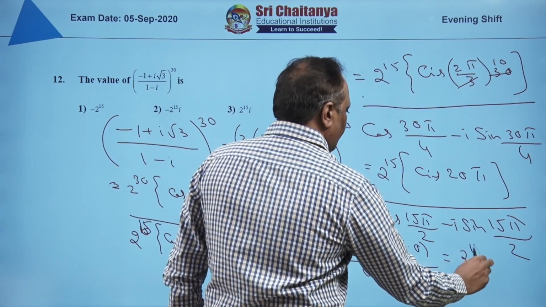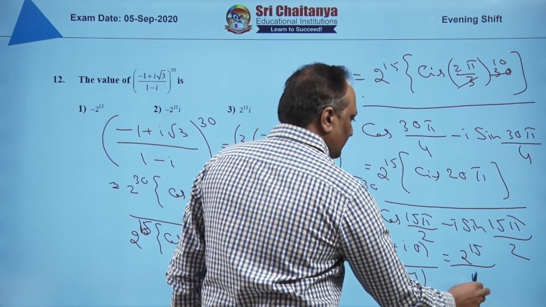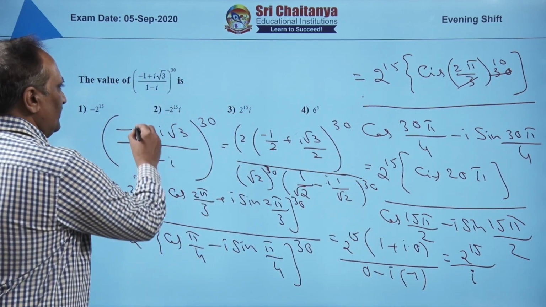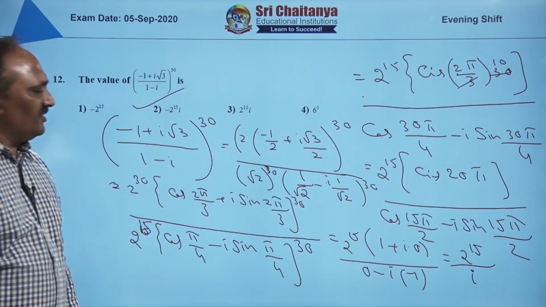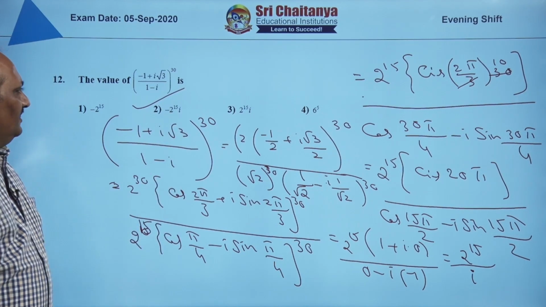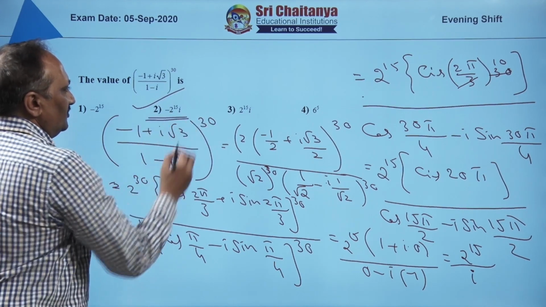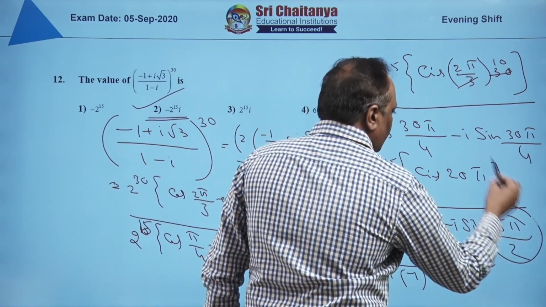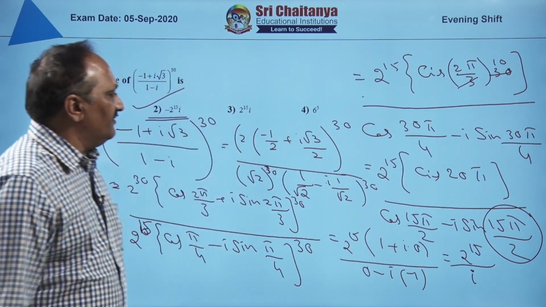So, 2 power 15 by the value here is I. So, multiply and divide with minus I, you can get the answer as 2 power minus 15 into I. We can arrive at the conclusion. Be careful while simplifying the sin 15 pi by 2 value. Do not try to write the value as 1.